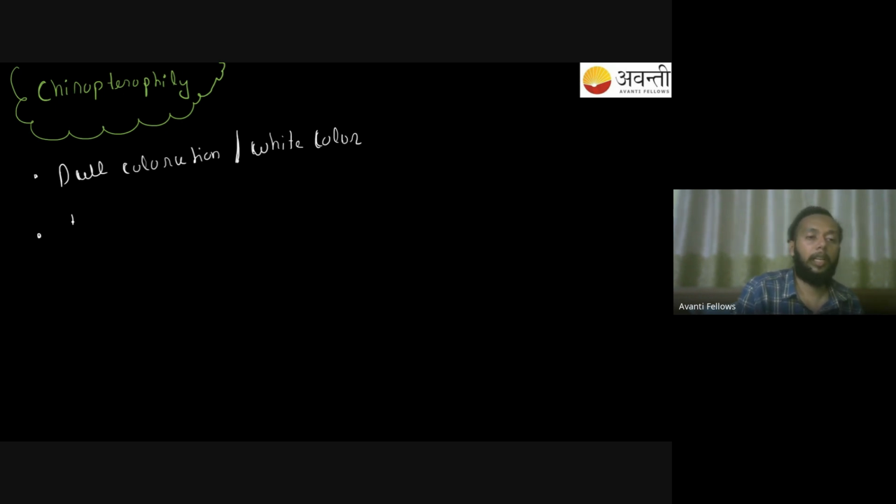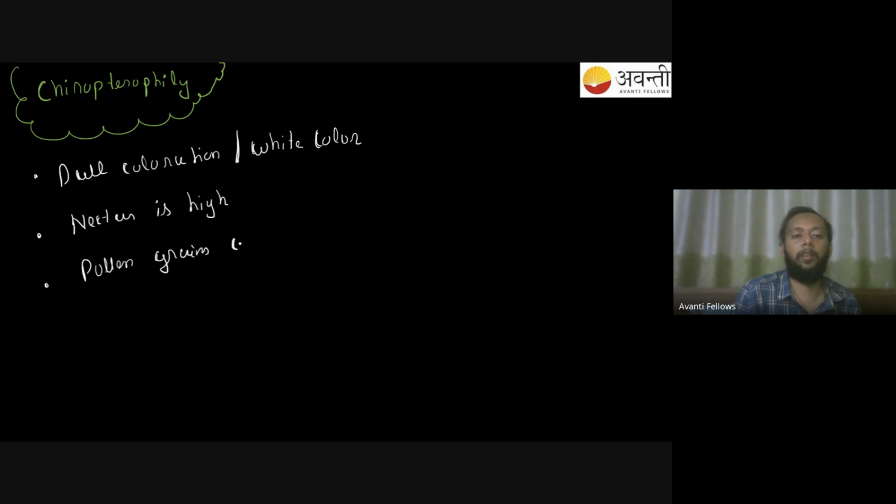Then nectar will be seen in a high amount. So a high amount of nectar will be seen over here, right? Pollen grains are comparatively large in size. We'll get to see them.